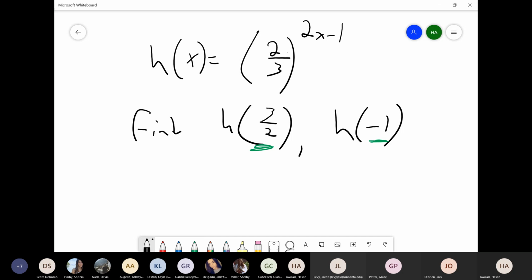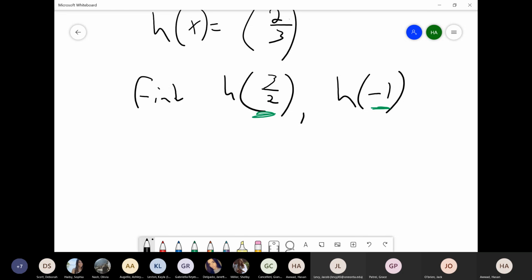These are just things that you're plugging into your x value. So whenever you have something in this form, h of some number, that's always indicative of you plugging that number in wherever you have your variable. So wherever there's an x, you're plugging in 3/2, or later on, wherever there's an x, you're plugging in -1. So let's do h of 3/2 first.